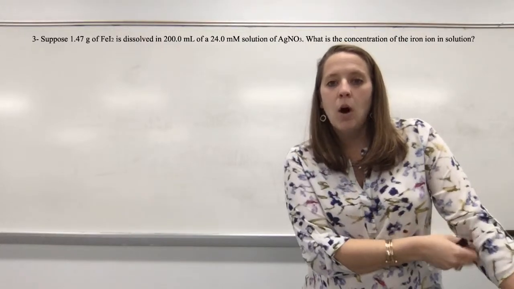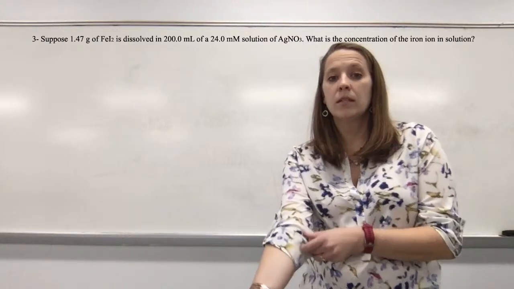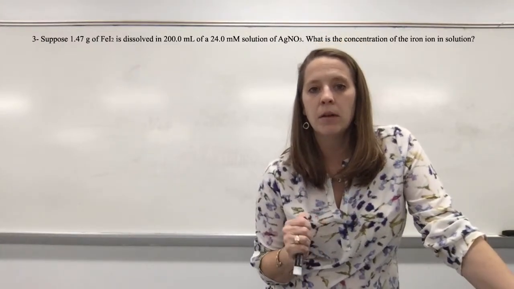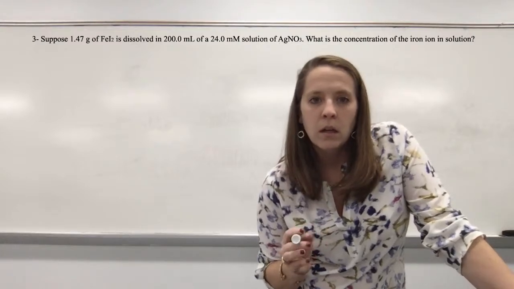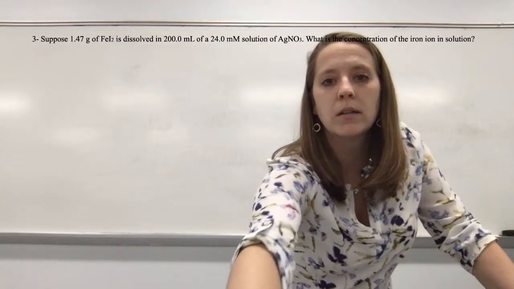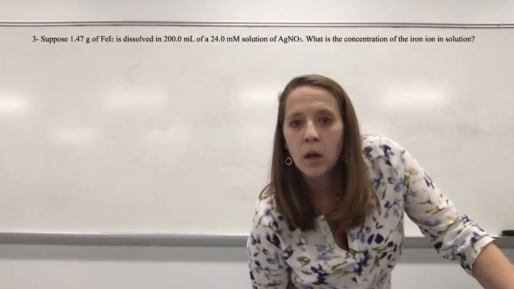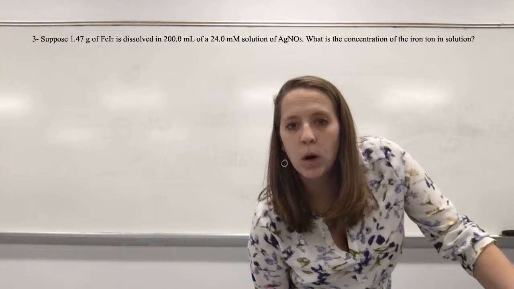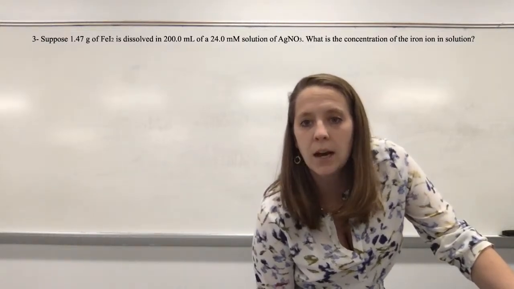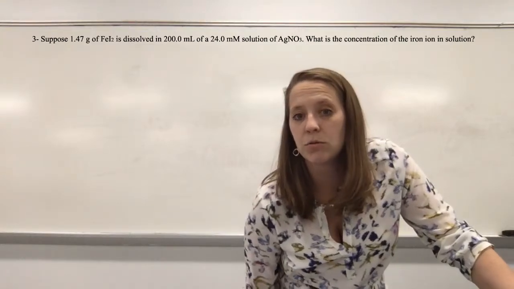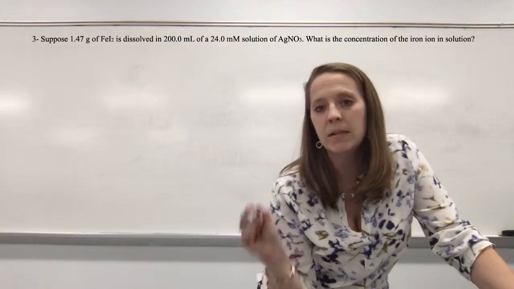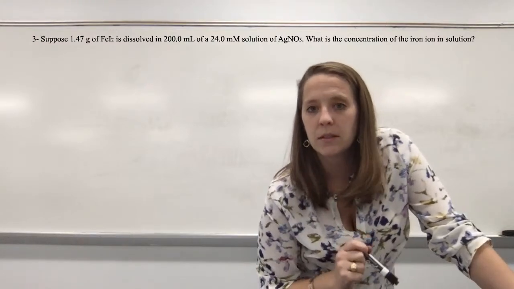So on number 3, it says, suppose 1.47 grams of iron 2 iodide is dissolved in 200 milliliters of a 24 millimolar solution of silver nitrate. What is the concentration of the iron ion in solution? So this question is adapted from one of your ALEX objectives.